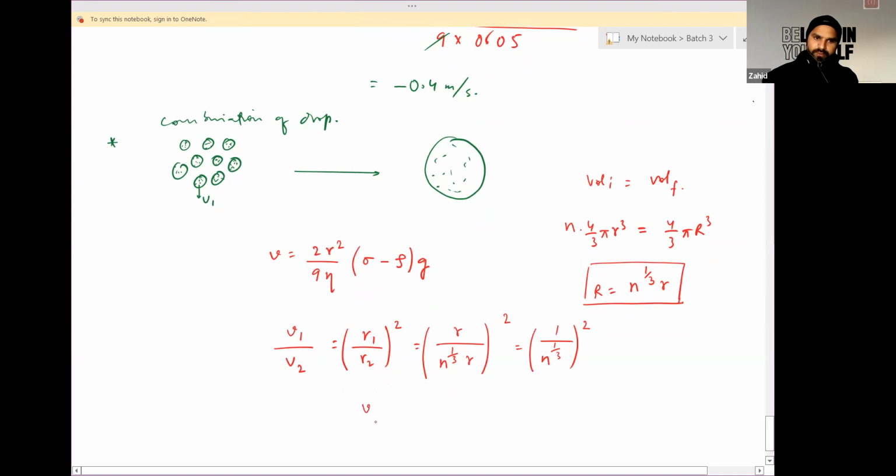So v1 divided by v2 is 1 upon n to the power 2 by 3. Just cross multiply it, and you will get v2 equals n to the power 2 by 3 times v1. So this will be the required expression for velocity of single drop on combining small parts.